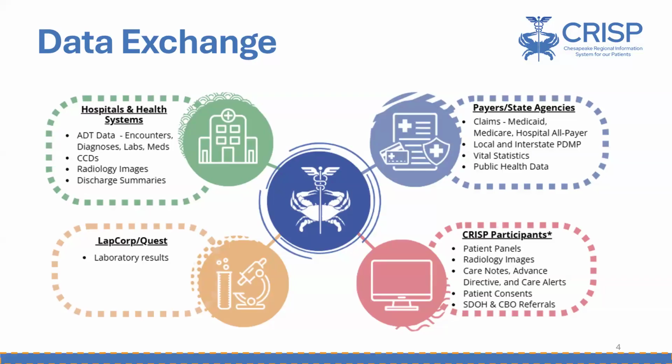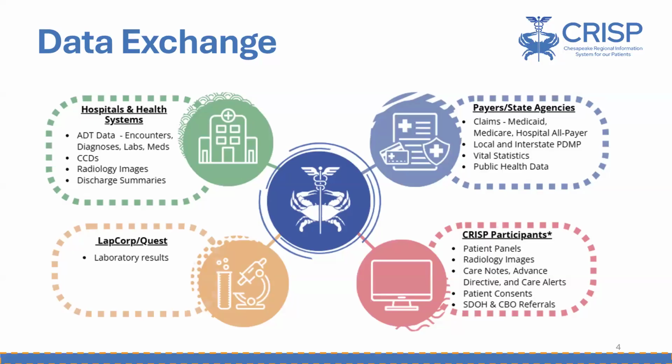We work with payers and state agencies to receive claims and other public health information. Quest and LabCorp send us labs for organizations if they permit us to. And from our CRISP participants, we receive data including their patient roster, any care notes or care alerts that they submit, and any social determinants of health screenings, things of that nature.